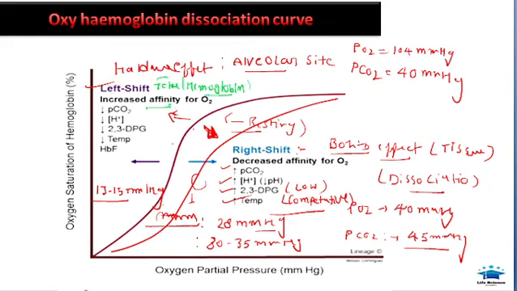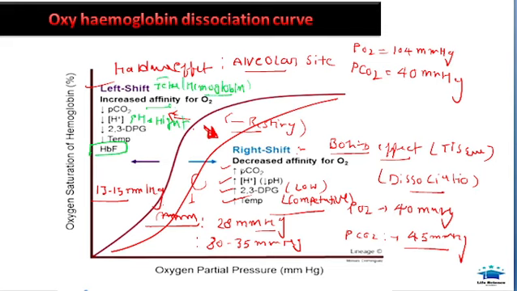At this time the pressure of carbon dioxide decreases, as a result pH will be high. 2,3 BPG concentration also decreases, and temperature too. This shows the fetal hemoglobin. So questions come from this part only.